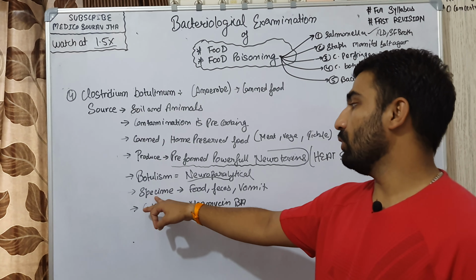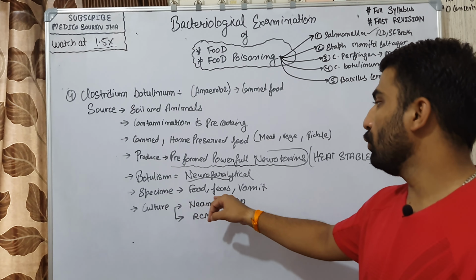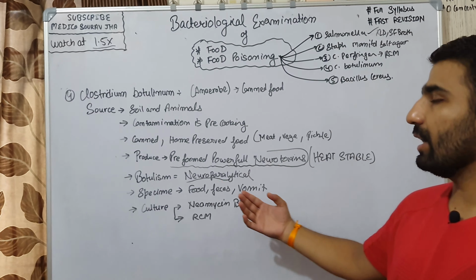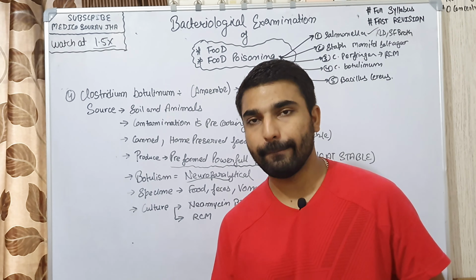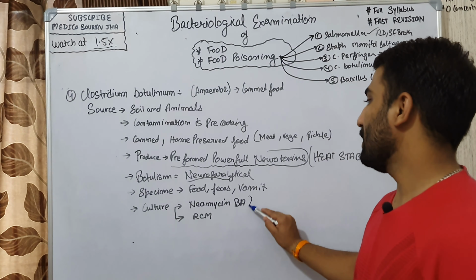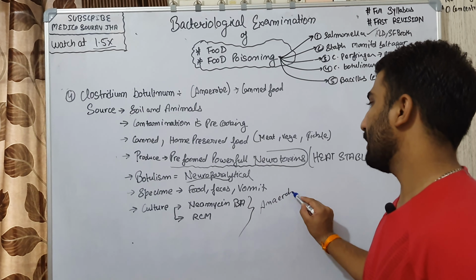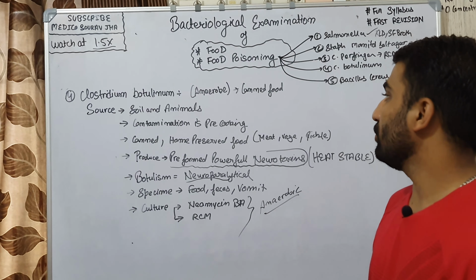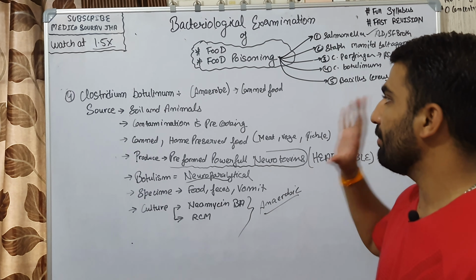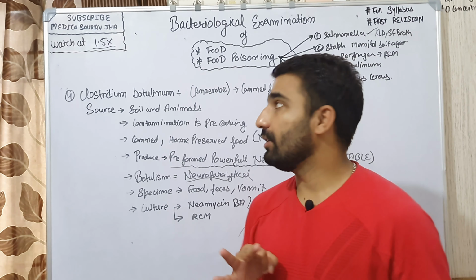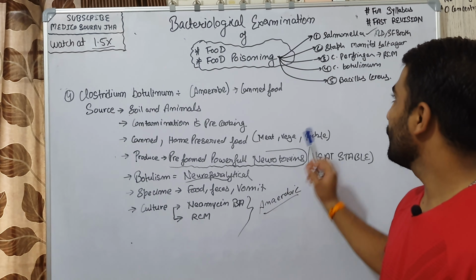Specimen can be food, feces and vomit. Culture can be done on neomycin blood agar and Robertson cooked meat, which are generally anaerobic in nature, so these can be used as the medium. So this is, my dear friends, the most harmful bacteria.